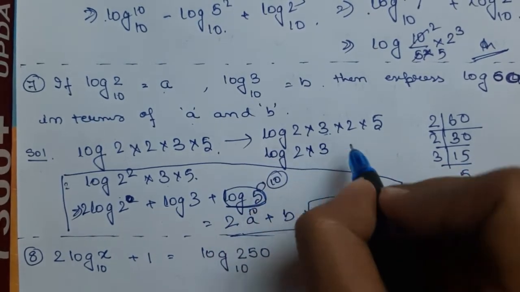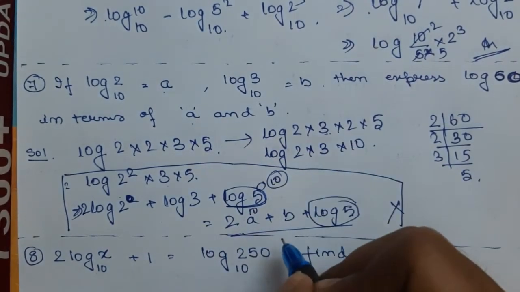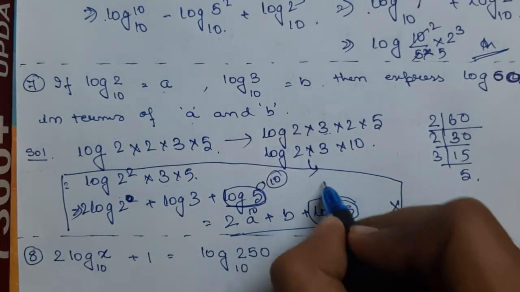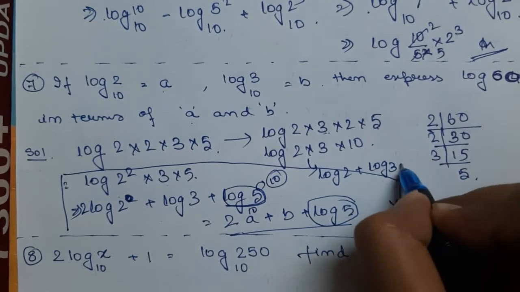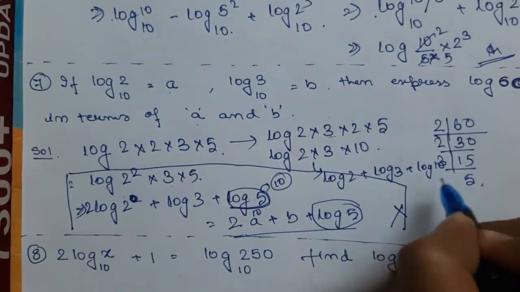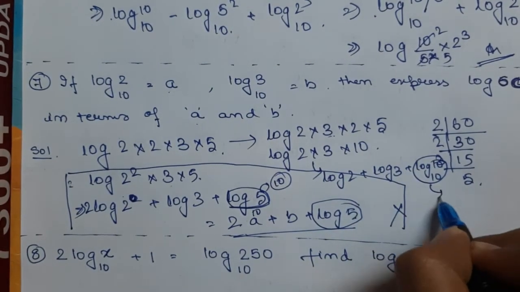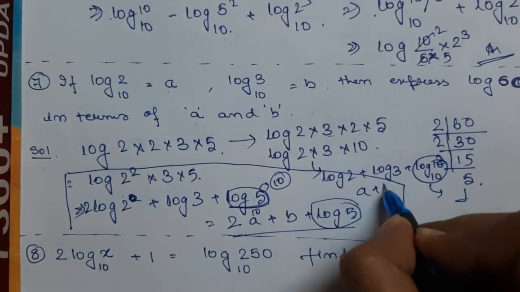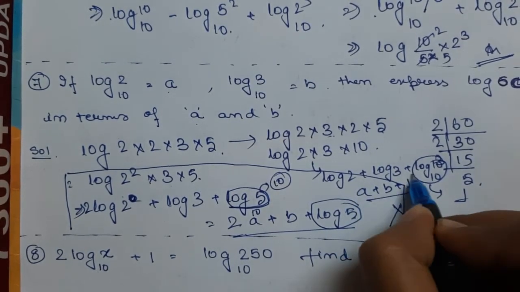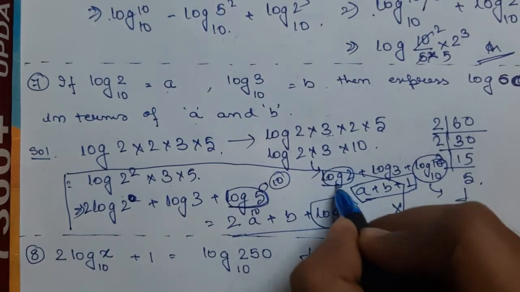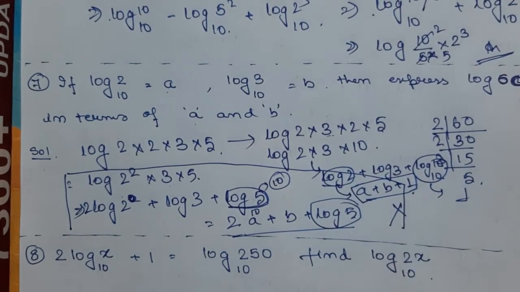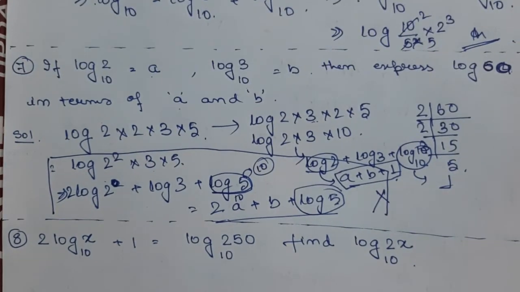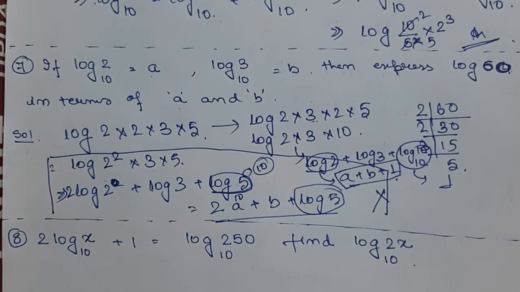It is 2 into 3 into 10. Now similarly, I will give log 2 plus log 3 plus log 10, right? And here it is the base 10, so this will result to 1. So it is a plus b plus 1. Why a plus b? Log 2 value is known as a, log 3 value is known as b, and log of 10 to the base 10 is 1. I think you can understand it. Okay.